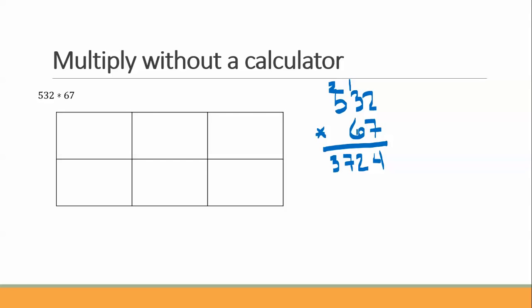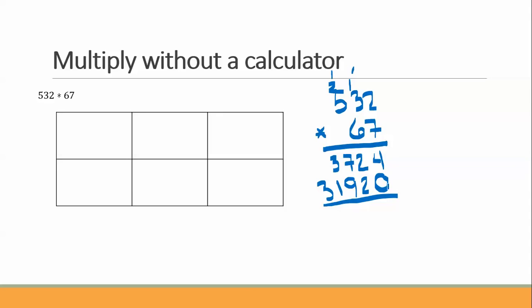Now we're doing 60, the 6, times 532, so we need a 0 here as a placeholder, and then we can do the same thing we just did. 6 times 2 is 12, carry the 1. 6 times 3 is 18, plus 1 is 19, carry the next one. 5 times 6 is 30, plus 1 is 31.